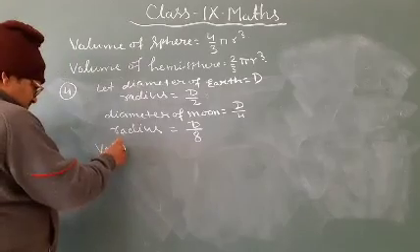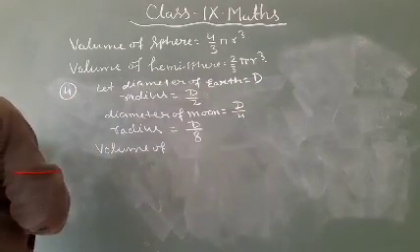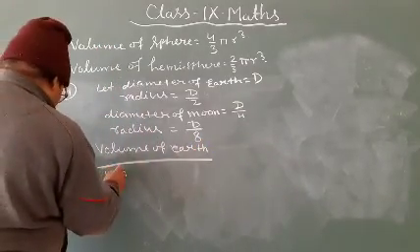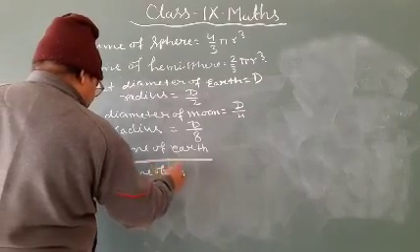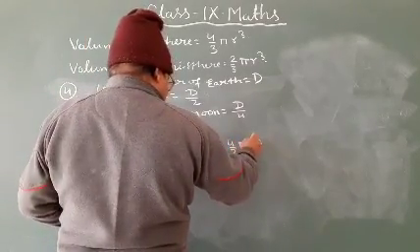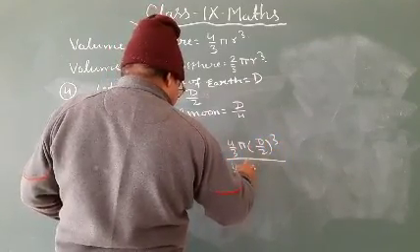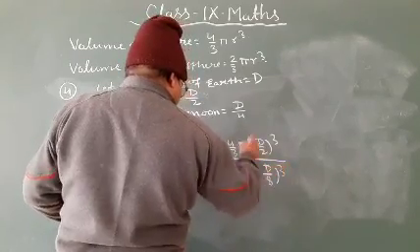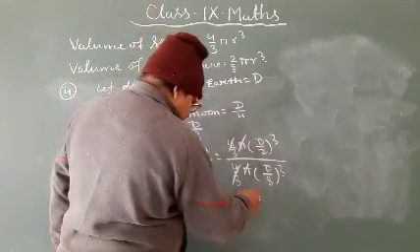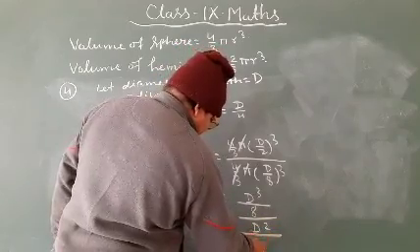Now the volume of Earth and volume of Moon is equal to 4/3 pi into d by 2 whole cube and 4/3 pi into d by 8 whole cube. 4/3 pi cancel and that's equal to d cube upon 8 and d cube upon 512.